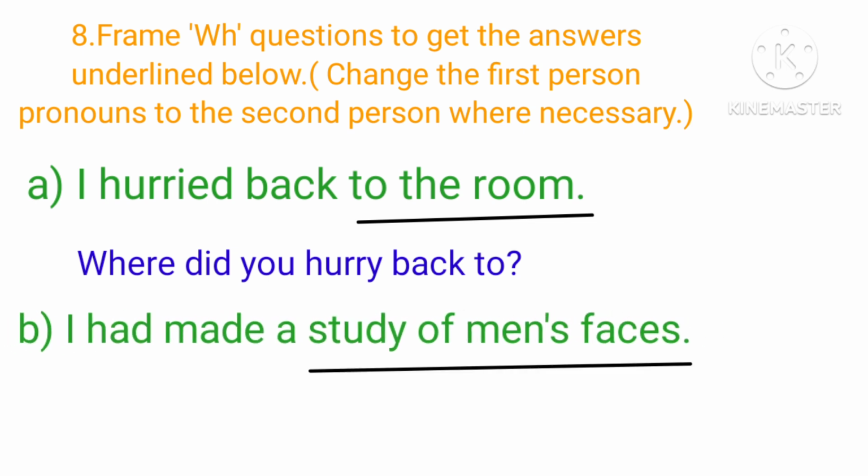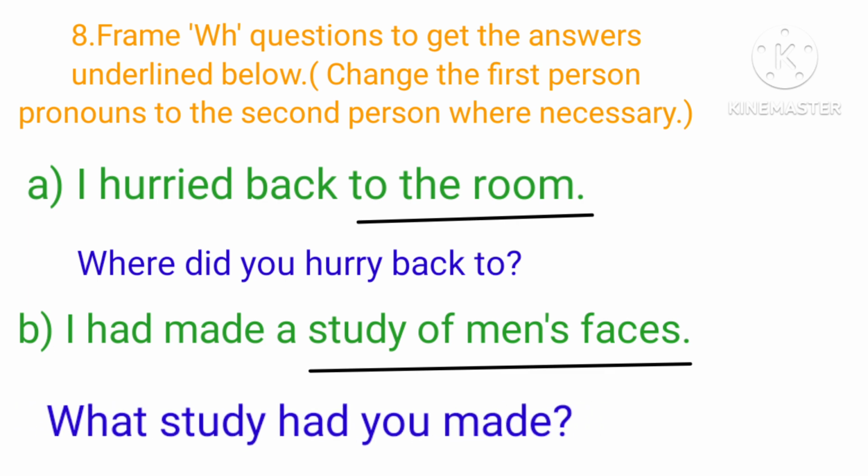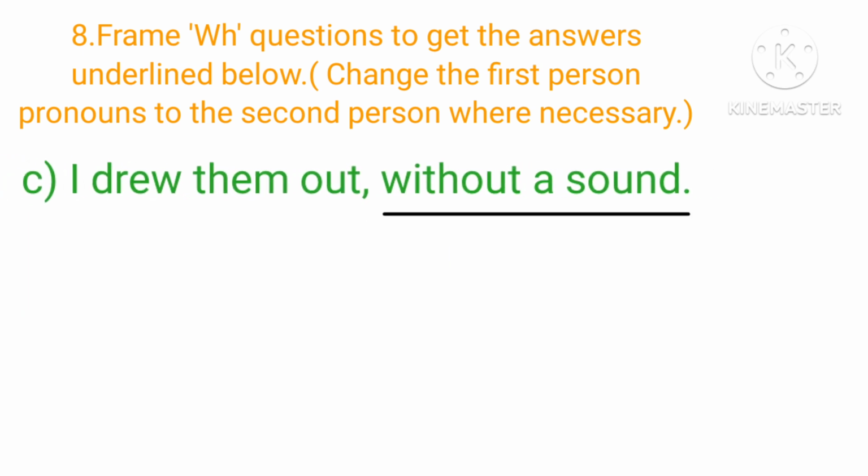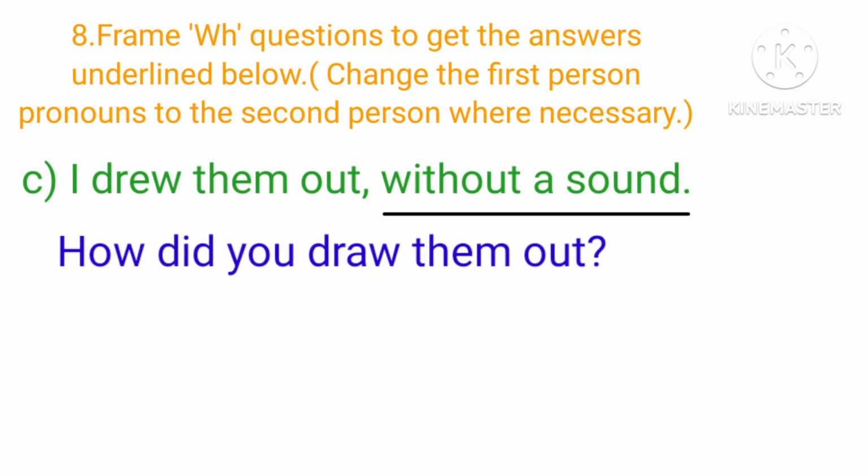B. I had made a study of men's faces. Question: What study had you made? C. I drew them out without a sound. Question: How did you draw them out?